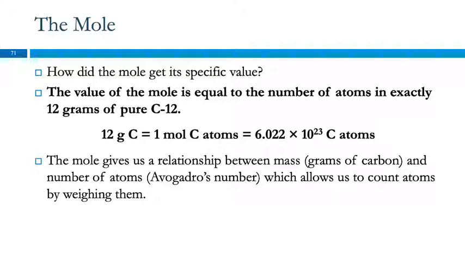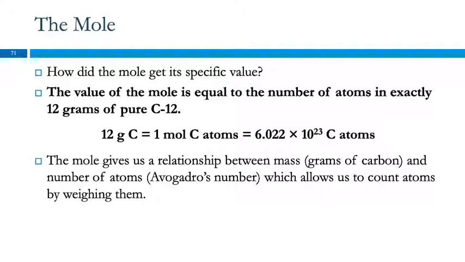Okay, personal story done. How did the mole get its specific value? Why is it that weird number? The number was chosen so that a mole is equal to the number of atoms in exactly 12 grams of pure carbon-12. Now, does that definition sound a smidge familiar?